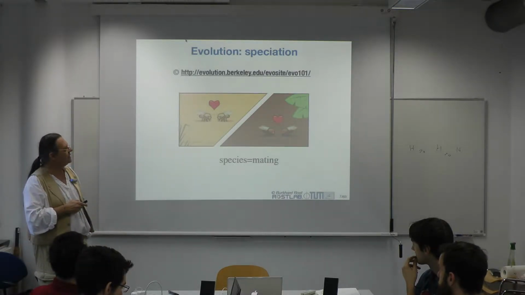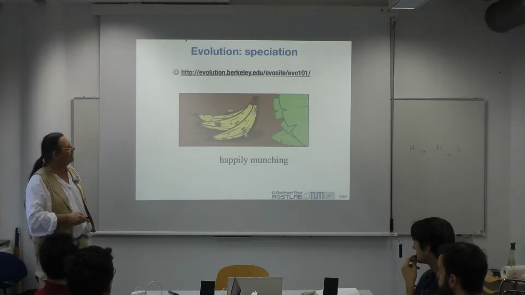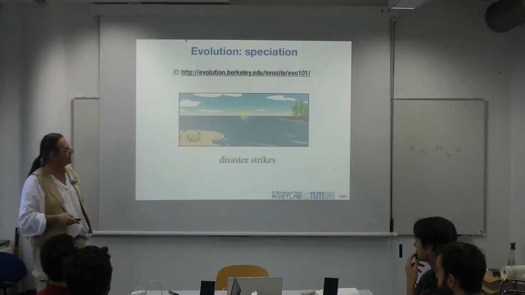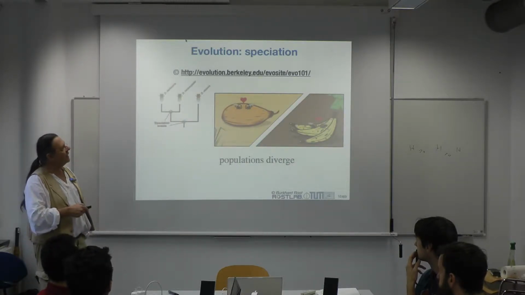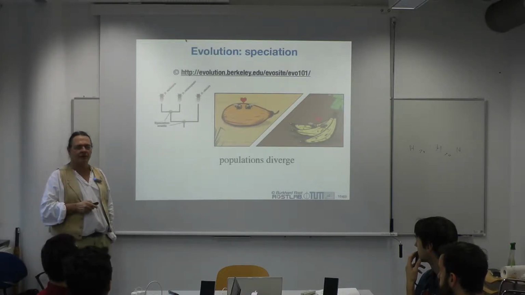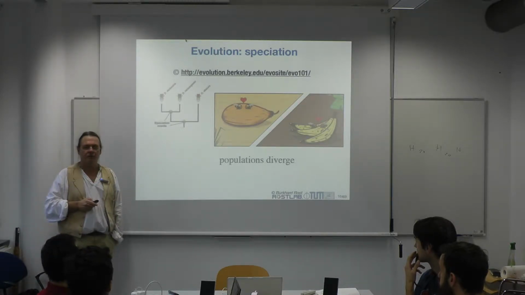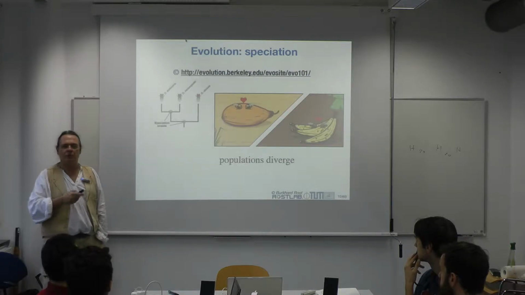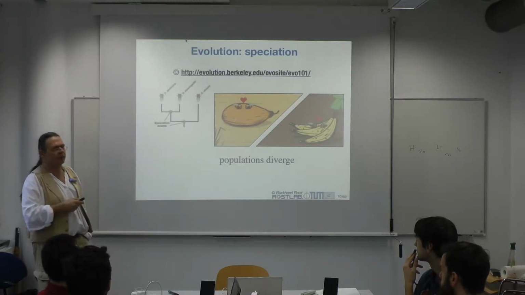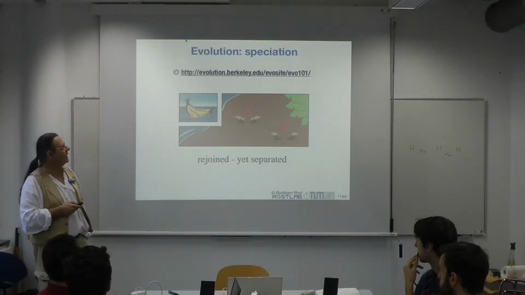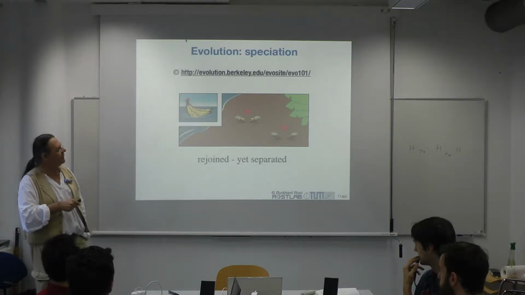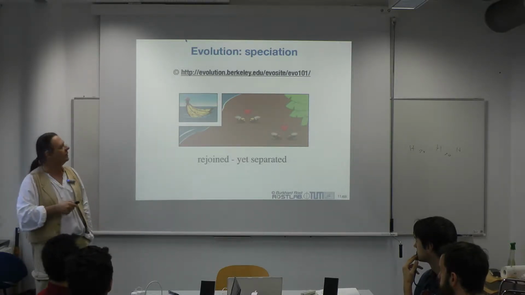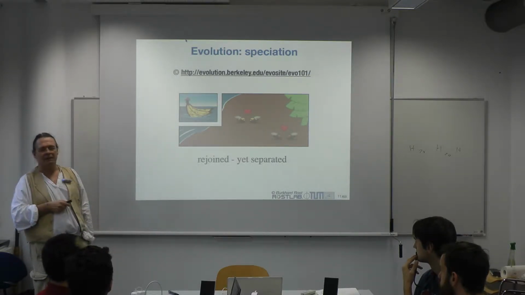Again, this is the idea: you have these two species, they are happily munching the banana, and then disaster strikes, the river comes, and they are on different sides of this river, and ultimately they evolve different preferences for different food, because simply on the island you have coconut, on the other mainland you have banana, and at some point they come together, and whoever loves banana will not mate with the people who love coconut, or something like that.